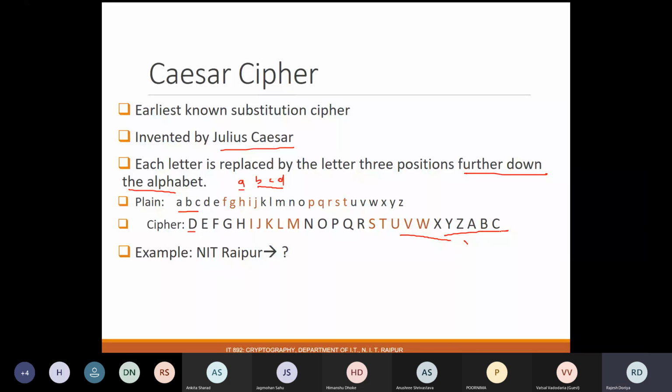Fine. So this was the example of Caesar cipher. You can apply this on this plaintext. For example, in the case of N, O, P, Q, N will be replaced by Q. Similarly, the other letters can also be replaced for this plaintext.